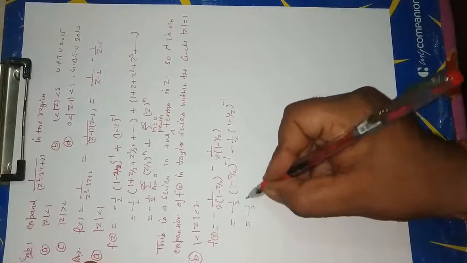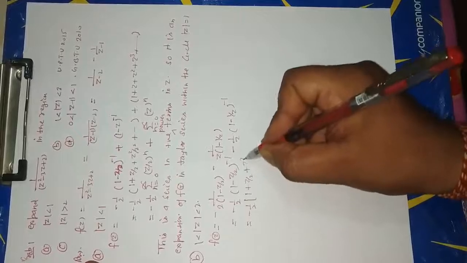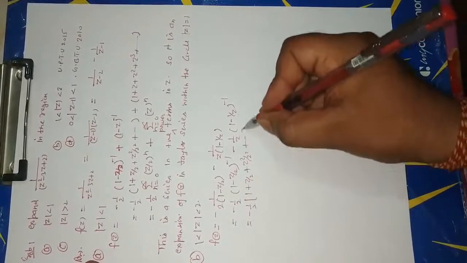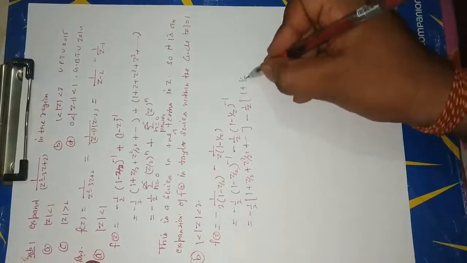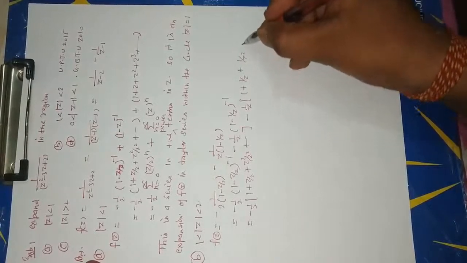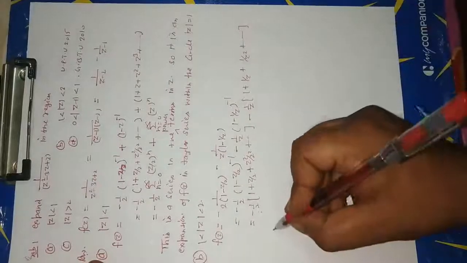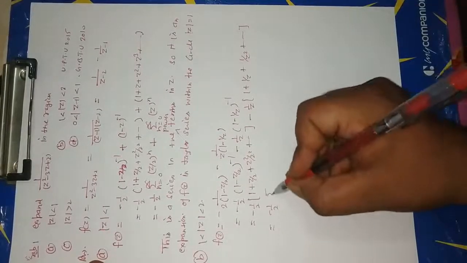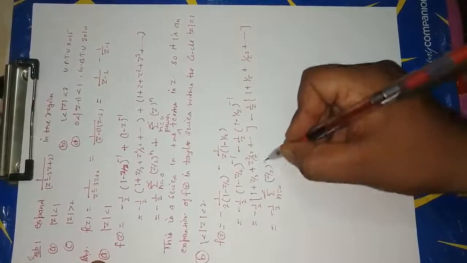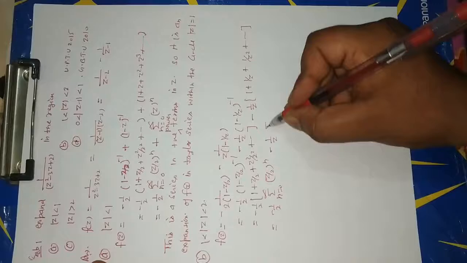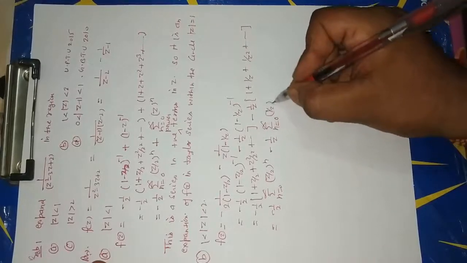Minus 1 upon 2 binomial expansion, 1 plus z by 2 plus z square upon 2 square plus up to dot, minus 1 upon z, 1 plus 1 upon z plus 1 upon z square plus up to dot, infinite number of terms in the expansion. This is equal to minus 1 upon 2 summation n equals 0 to infinity (z by 2) whole power n, minus 1 upon z summation n equals 0 to infinity (1 upon z) whole power n.